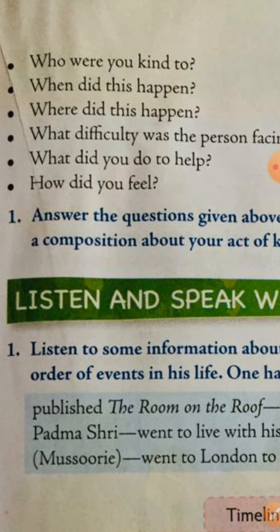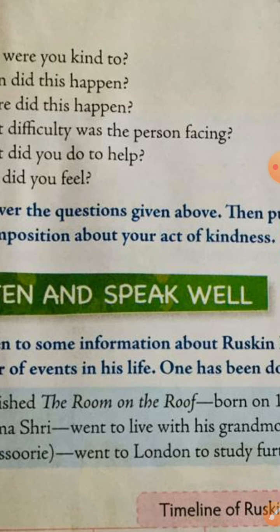When did this happen? You can write that you were out of station, you went somewhere, or you were on the road playing with your friends and you saw one cat crossing the road, and that time this happened. Where did this happen? You have to mention the place. What difficulty was the person facing?